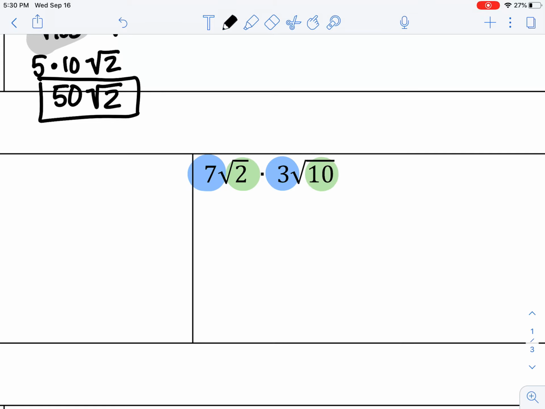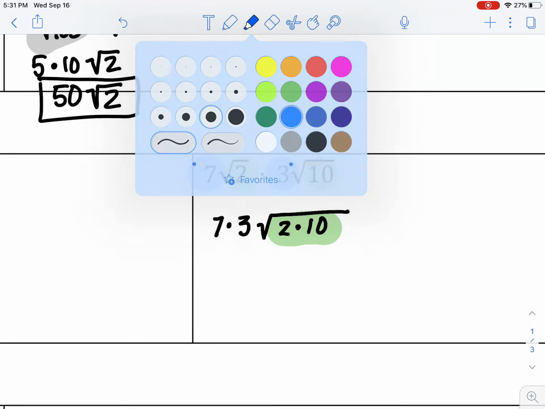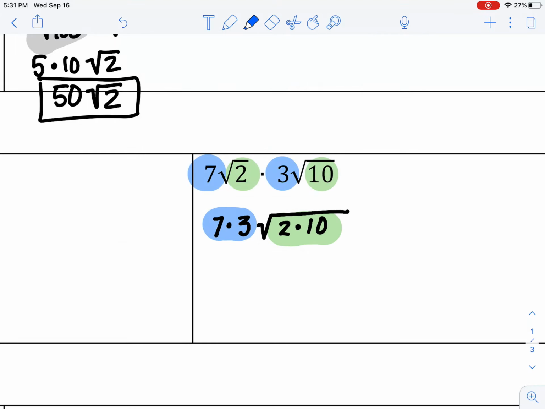So for this, you're going to multiply your rational numbers out front, and then in the radical, you're going to multiply the 2 and the 10. So I just took the things in the radical, put them together under one radical, moved the numbers out front together in the front. So this would be 21 square root of 20.